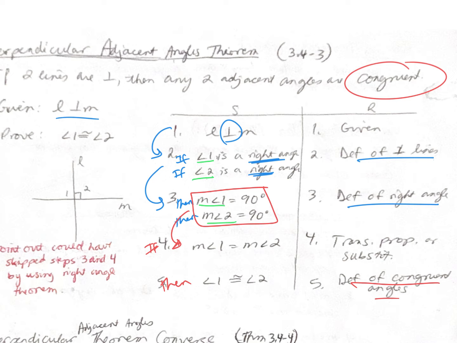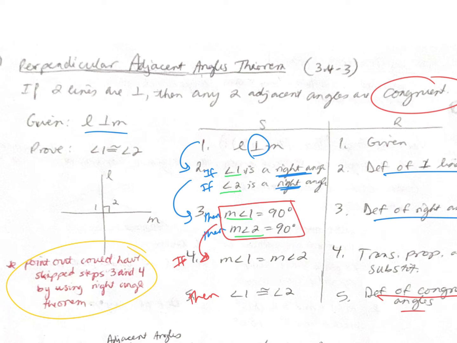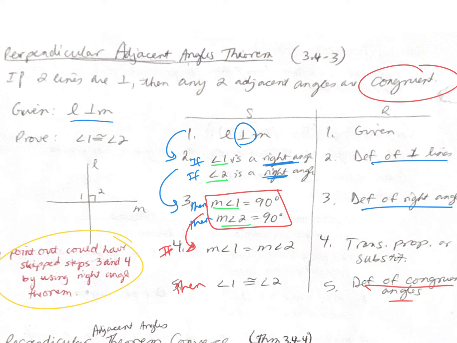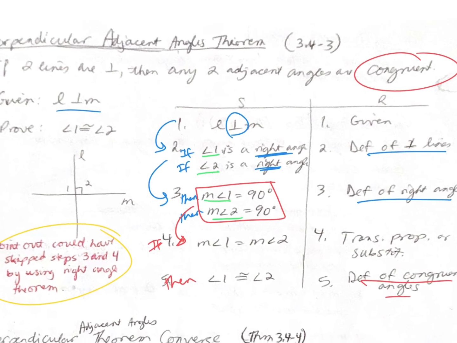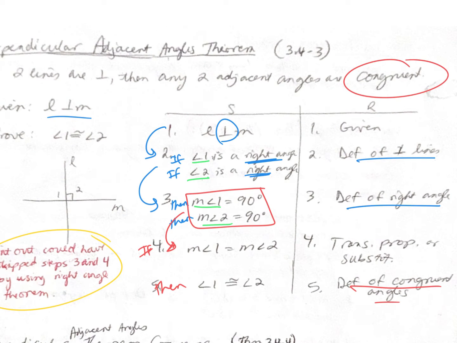Okay, I do have a note to myself, and I'm reading this note to remind me to mention this. Maybe some of you caught this. This is a cool part of where we're at right now, is we actually can save some time, save some space, and shorten our proofs by using some of our previous theorems.